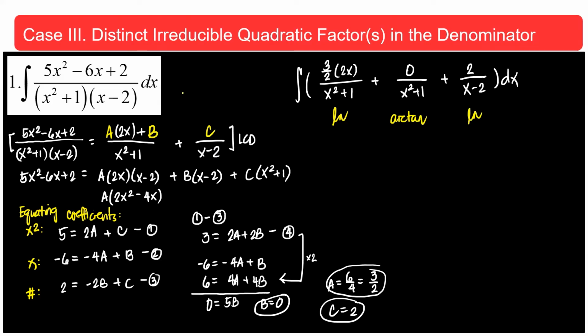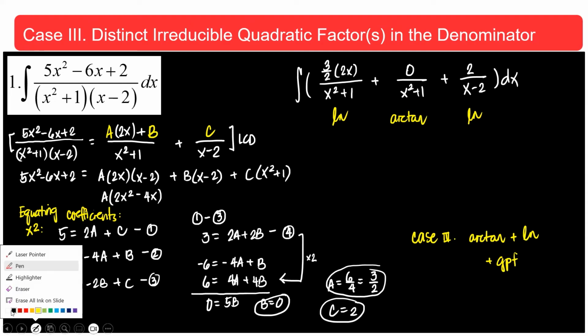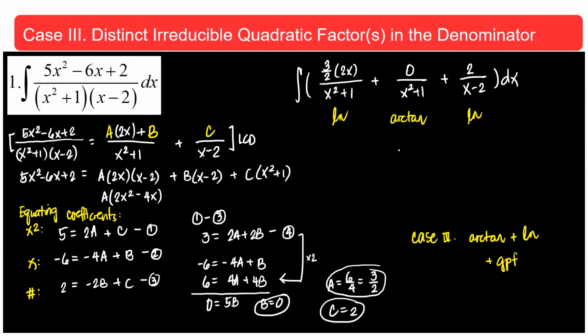Di ba sabi ko, pagka case 3, not all are present, pero for case number 3, it's a combination of arctan plus ln plus general power formula. Those three, combination of those. It so happen na wala tayong nakuhang power kasi walang nag-repeat na case 1 or wala tayong case 2 na lumabas.